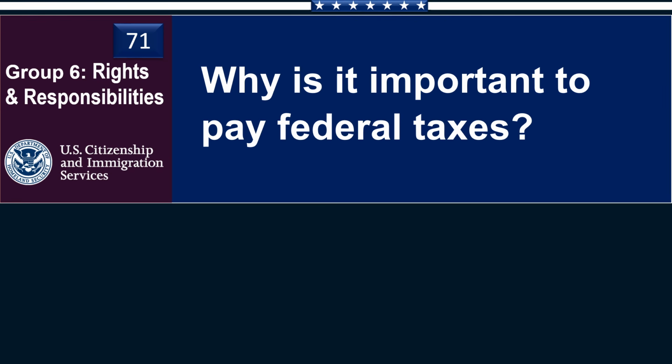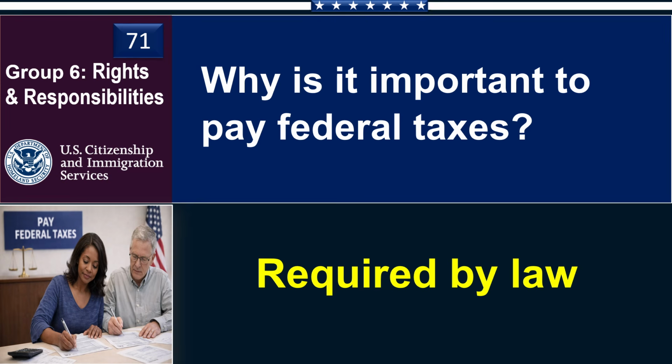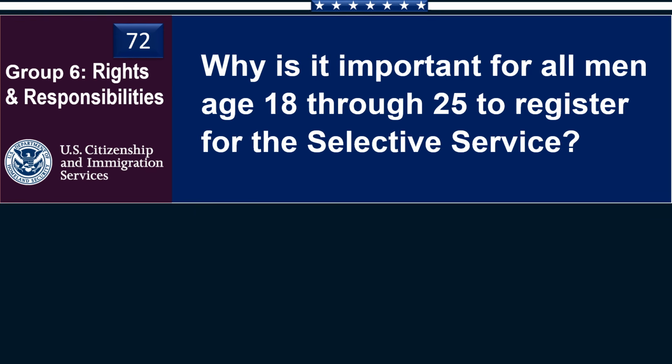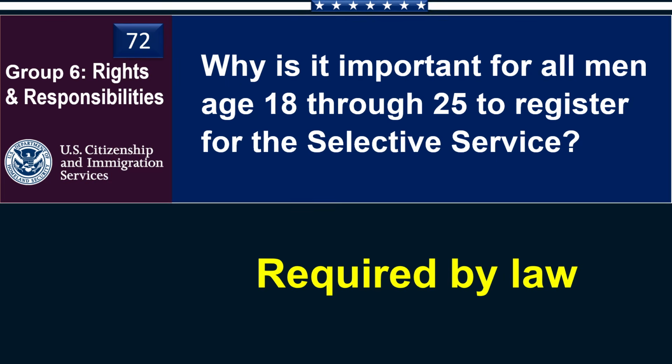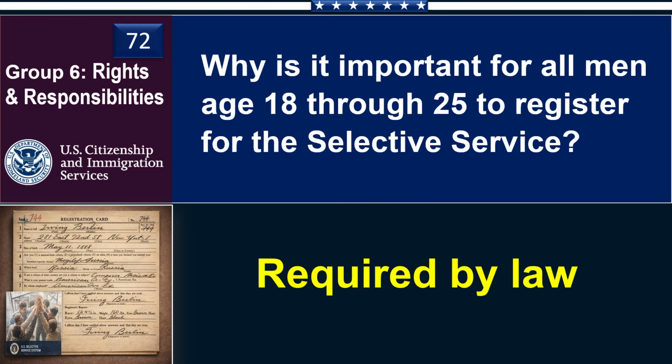Why is it important to pay federal taxes? Required by law. Why is it important for all men age 18 through 25 to register for the Selective Service? Required by law.